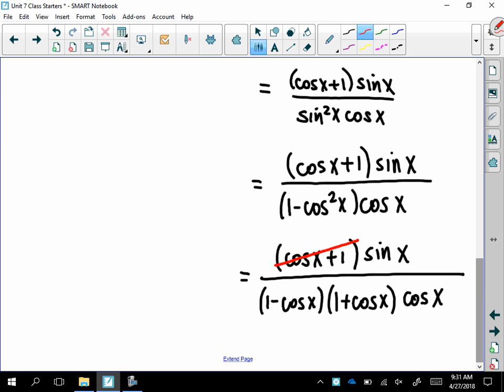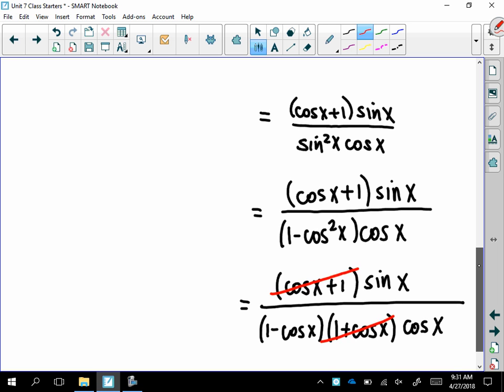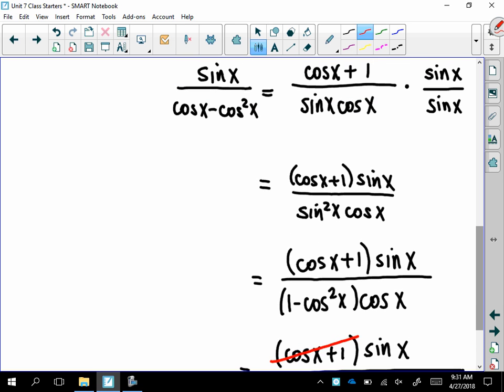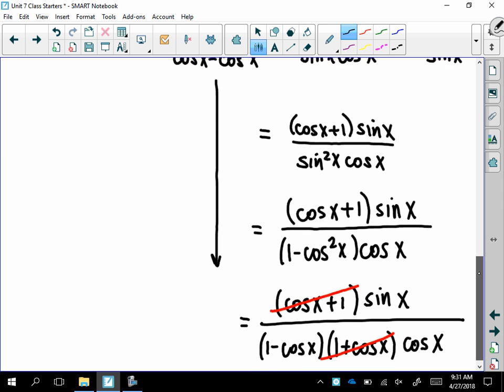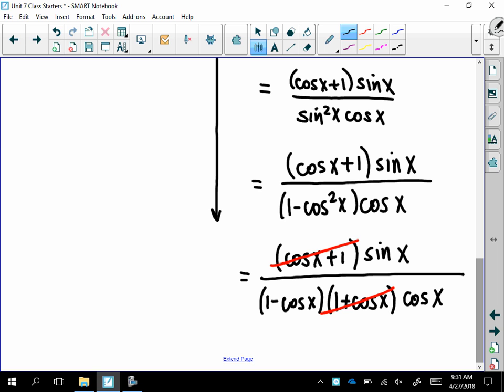And then the 1 plus cosines cancel. And if we were to bring down this side over here on the left, then I have a sine of x in the numerator, and I can factor out a cosine in the denominator. I'll have sine of x in the numerator, and then cosine times 1 minus cosine in the denominator, and those two sides are equal.